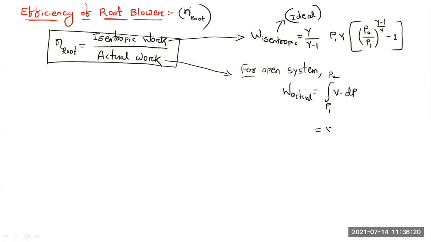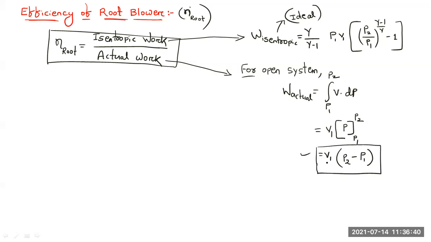The inlet volume is V1, and integration of dP gives P2 minus P1. So you will get V1 into (P2 minus P1). This is the actual work done we have got. V1 is the inlet volume of air.